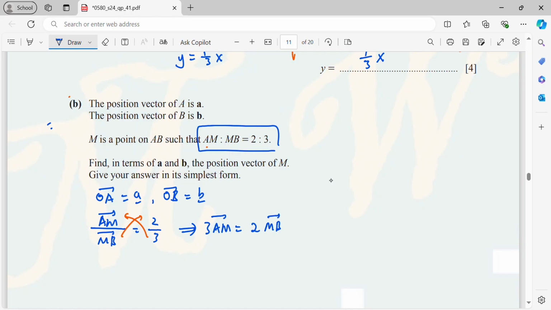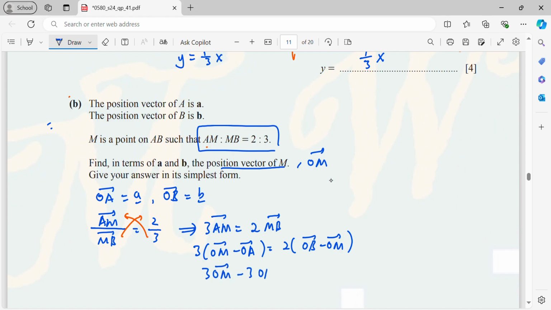Then you will get 3 vector AM equals 2 vector MB. Now vector AM is basically the same as OM minus OA. Then MB is the same as OB minus OM. And now we need to find the position vector of M, which is OM. So now just do expansion. 3 times the whole bracket, you will get 3OM minus 3OA.